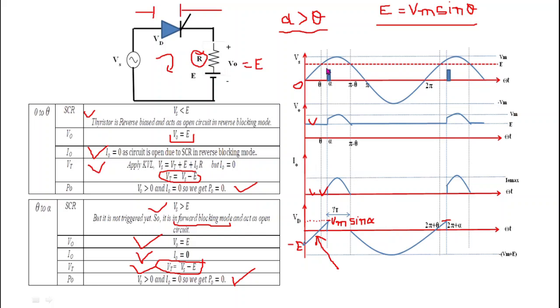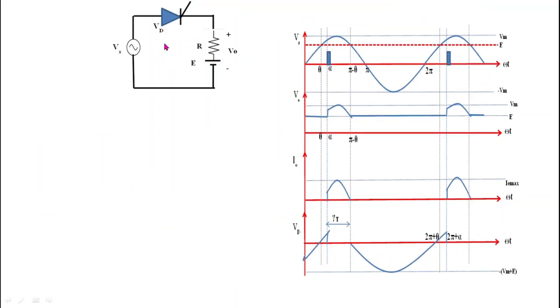So that's why this point at alpha is given as Vm sin alpha, and minus E. It means we get Vm sin alpha minus E. So at this point, omega t equal to alpha, the thyristor voltage is given as Vm sin alpha minus E. Here it is again the thyristor voltage. Now move to the next slide.